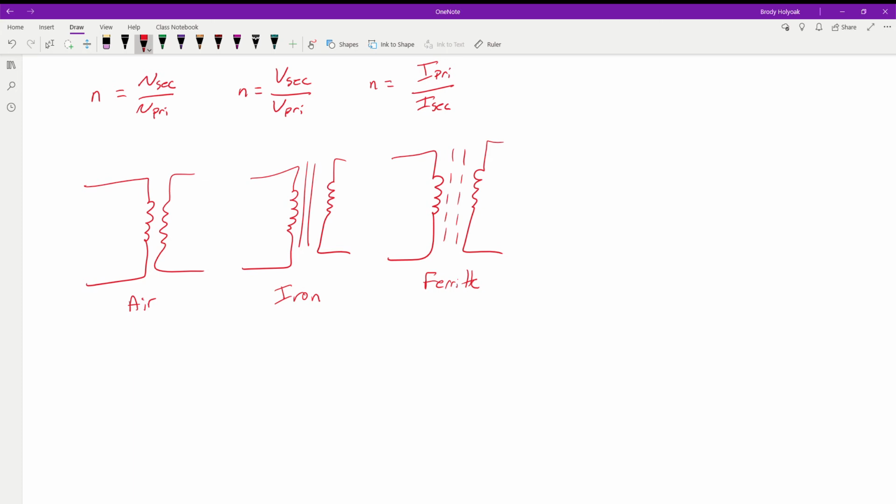Iron may be questionable because you can create a magnet at that point with a coil of wire. In those instances, you'd probably want an air core if you couldn't have anything magnetic. So those are things to be aware of in the applications: why we have the different types of cores, and how we identify what they are.